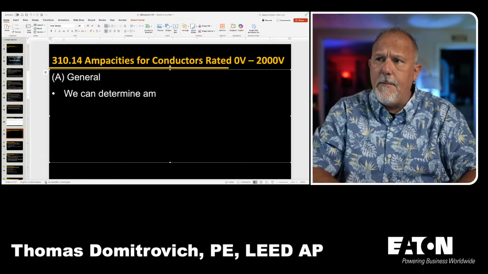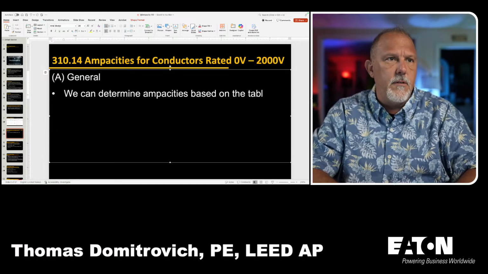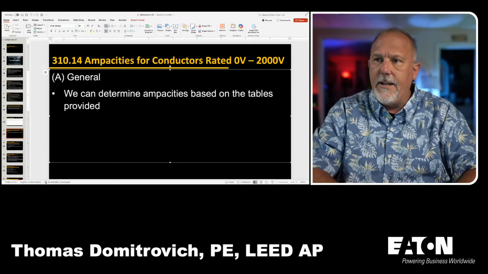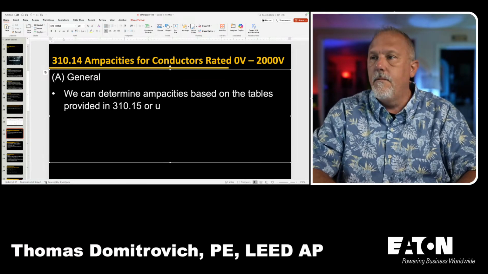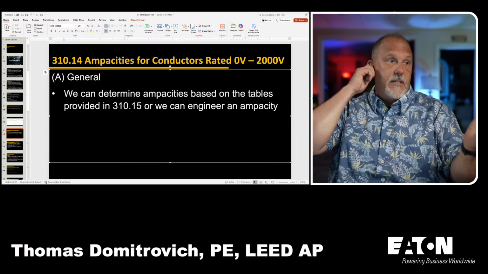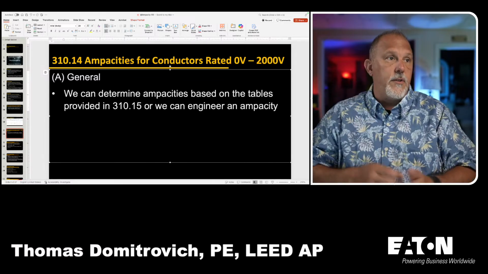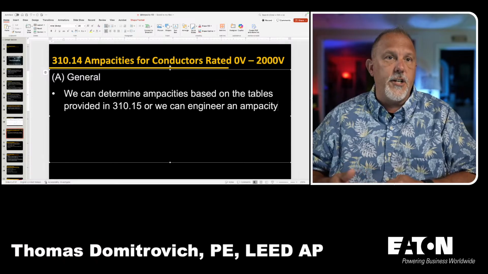We can determine ampacities based on the tables provided in 310.15, or we can engineer an ampacity, right? So that's basically what it's telling us. We can do the tables, or we can engineer it under engineering supervision.